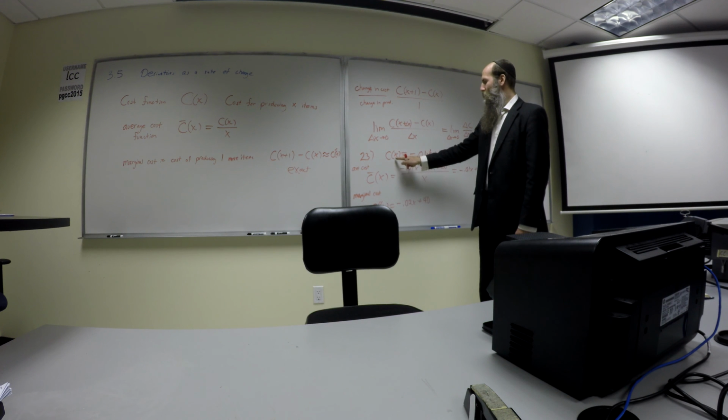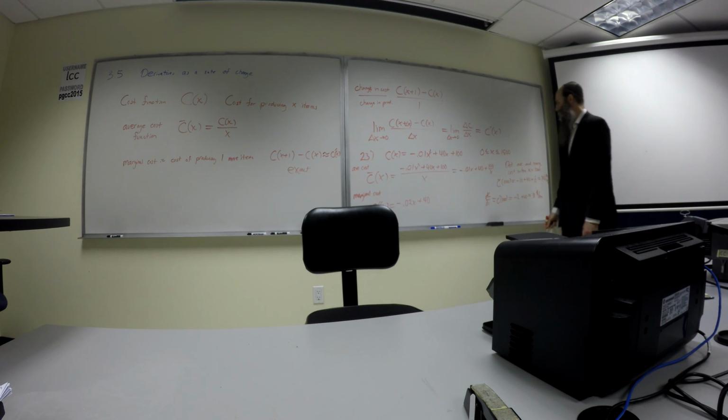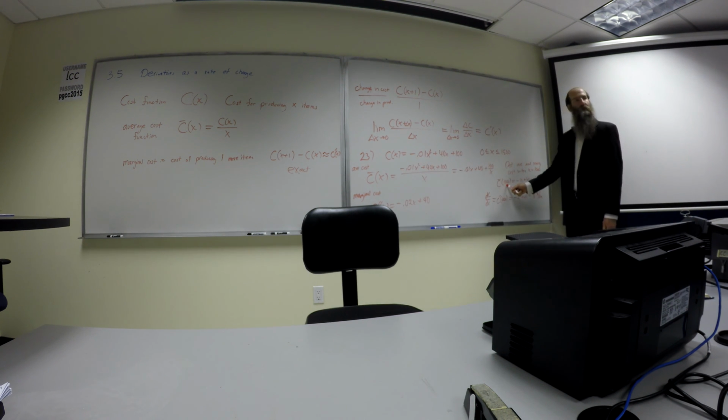The second one? Yeah. This is going to be the approximate cost of making the next one. Oh, making that. Okay. To make the 1,001st object, it's going to cost you about $38. That's what the marginal cost is telling you.